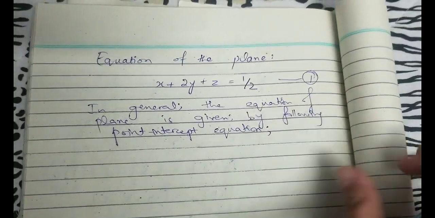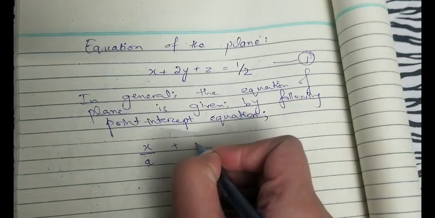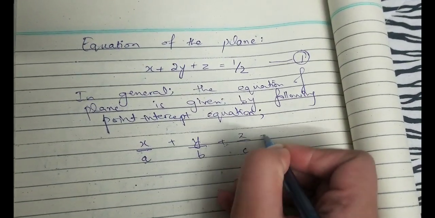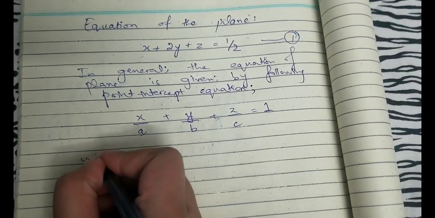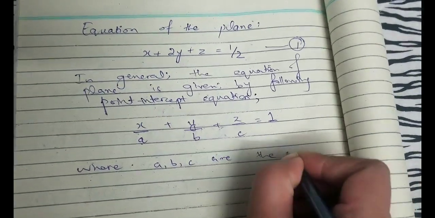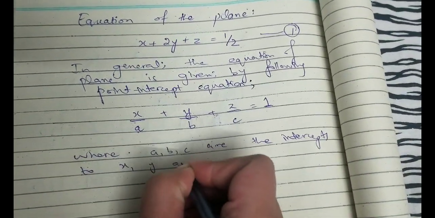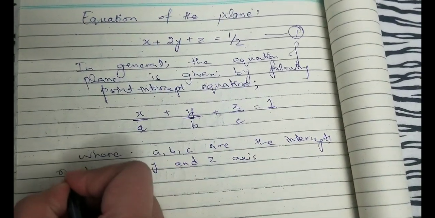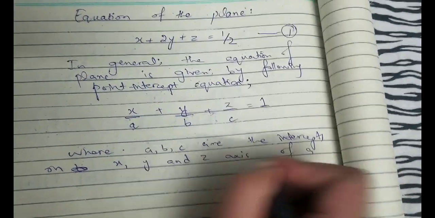It's up to you what kind of description you want to write. We have x over a plus y over b plus z over c equals 1. This is the general equation of a plane where a, b and c are the intercepts on the x, y and z axes of a plane.